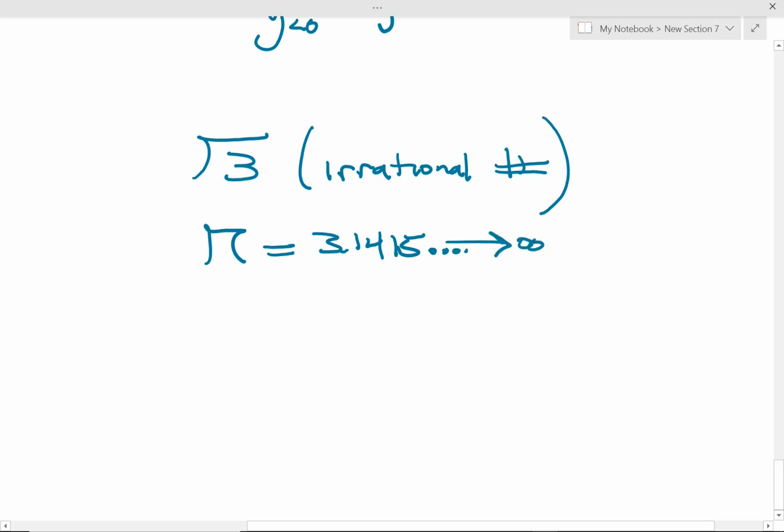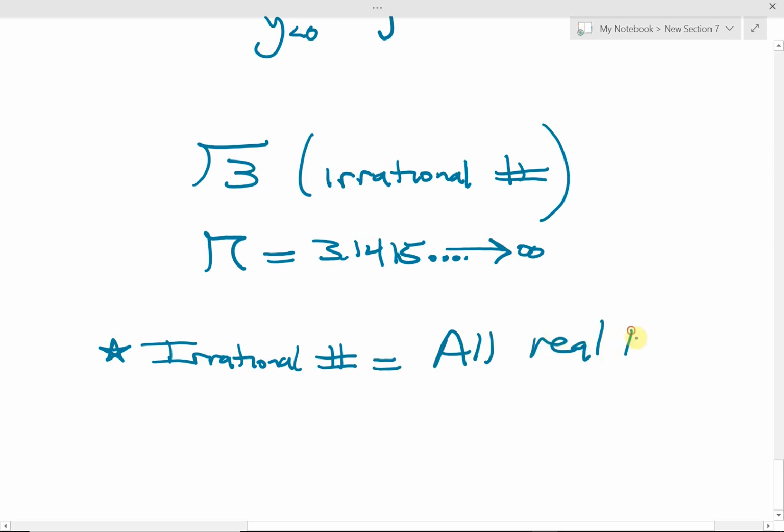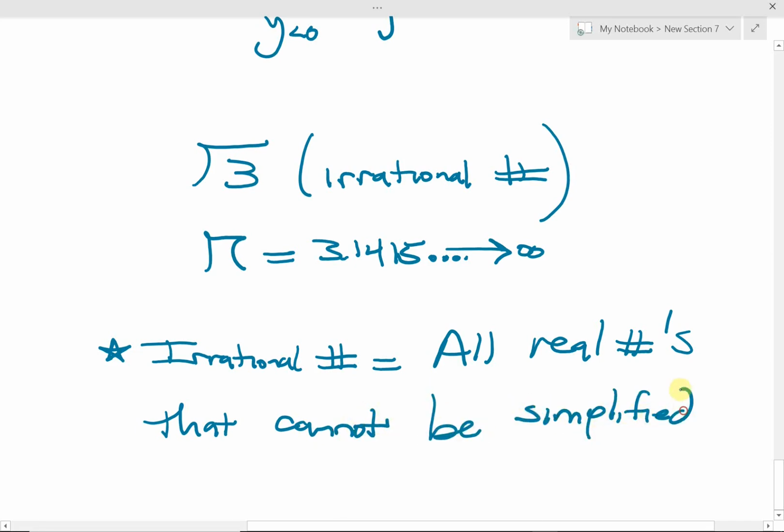So a better way to define it: an irrational number equals all real numbers that cannot be simplified in fractional form.